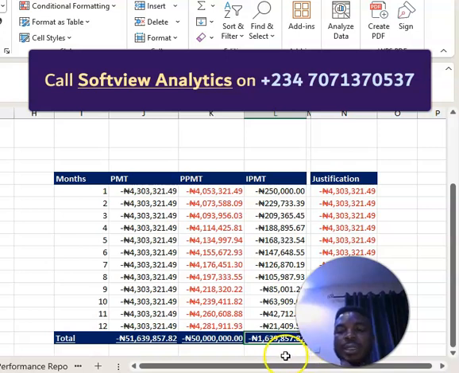We can see that the interest on your 50 million naira is just 1,629,857 naira and 82 kobo, which sounds to be a good interest. Look at your principal. Your principal payment is still 50 million naira, which is the actual amount you borrowed from the bank, right? And you have the interest, and you have this total placed on it.